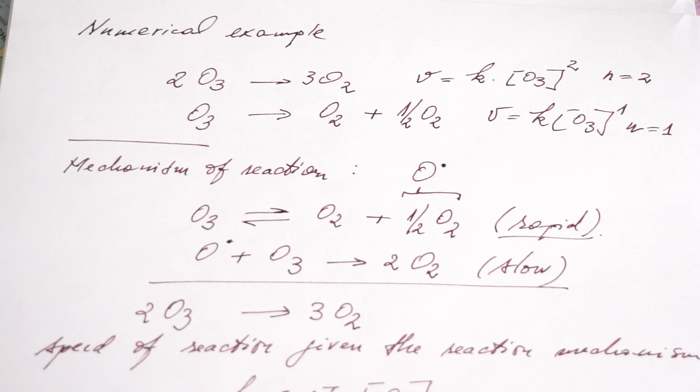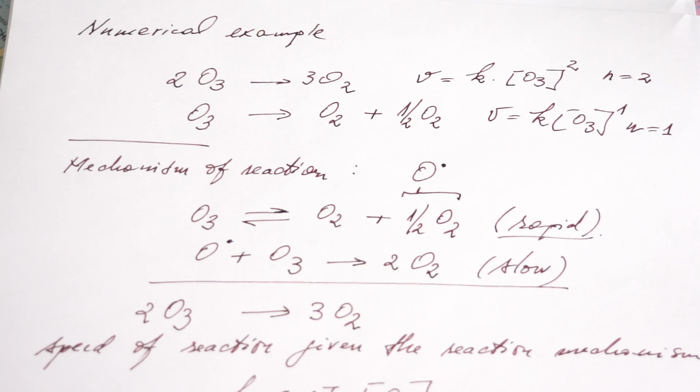Hi there. Last time we showed by a numerical example how the speed of reaction and the order of the reaction determined theoretically can be so different from what is observed in practice.